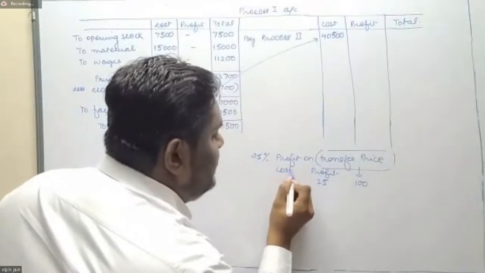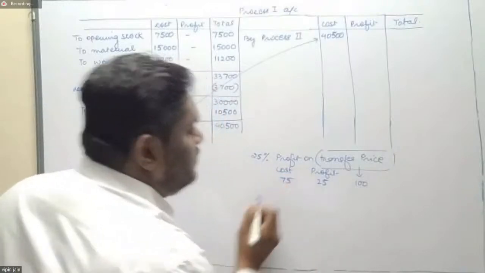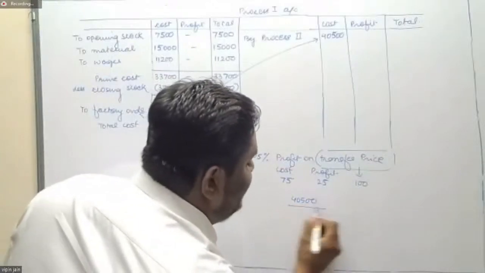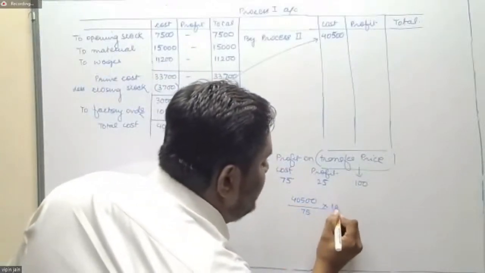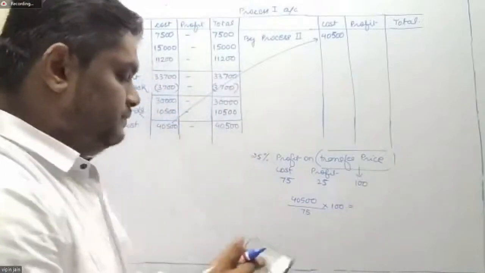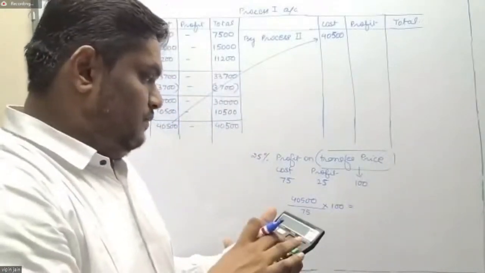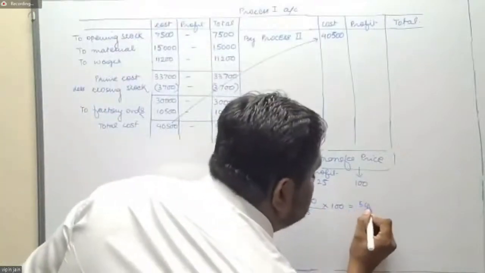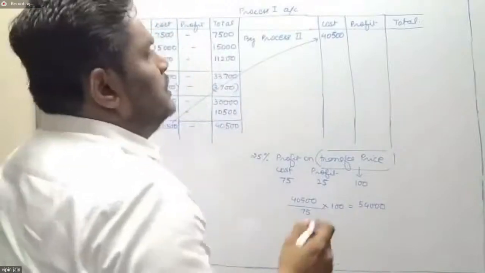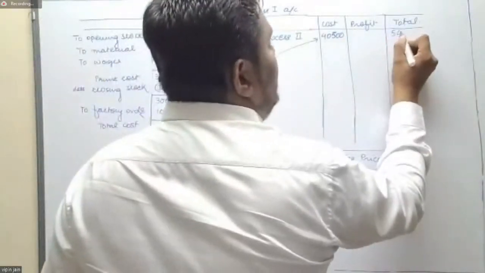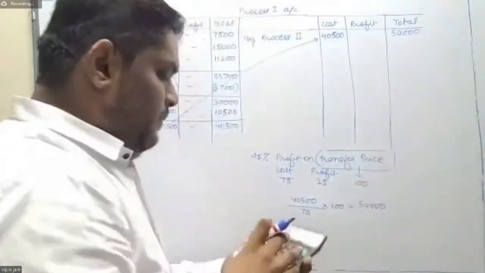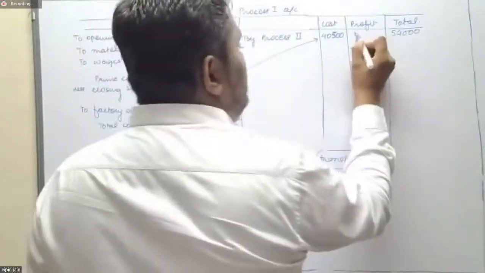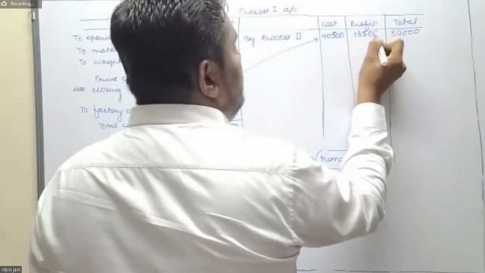Therefore, the cost will be equal to 75%. So this 40,500 is equal to 75. So how much will be 100? $54,000. So this 54,000 will be the total amount that will appear in the total column. Minus 40,500, the profit element will be 13,500.